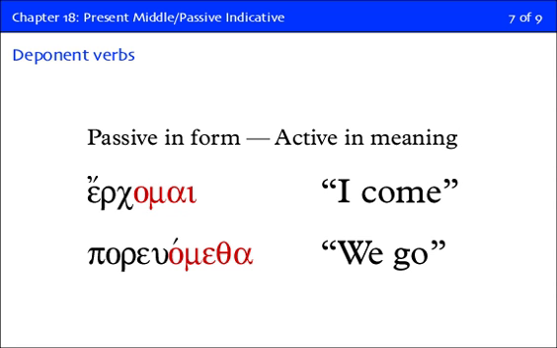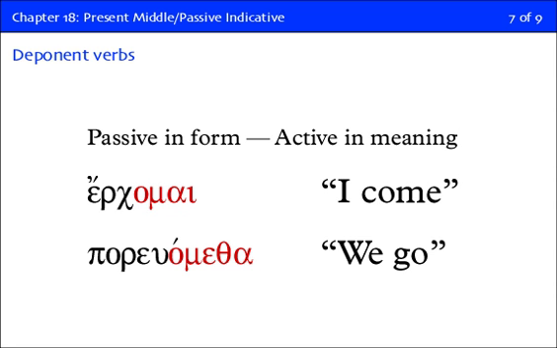Peripatoumetha is from the lexical form peripateo. It's another deponent verb. And even though it's passive in its form, it's active in its meaning. And so we translate it as we go. And you'll notice if you try to translate either of these as passives, you can't. It doesn't make any sense.